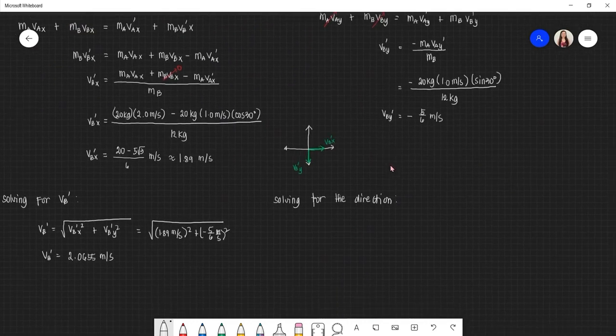So theta, di ba, is in our drawing. This is VB prime, and theta is here. So it forms a triangle. This is VB prime, this is VB prime Y, and this is VB prime X. Okay, pardon the drawing.